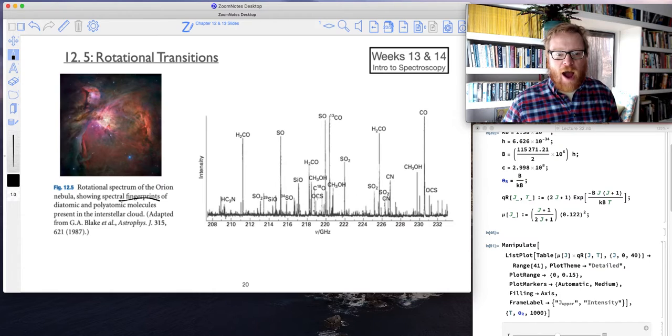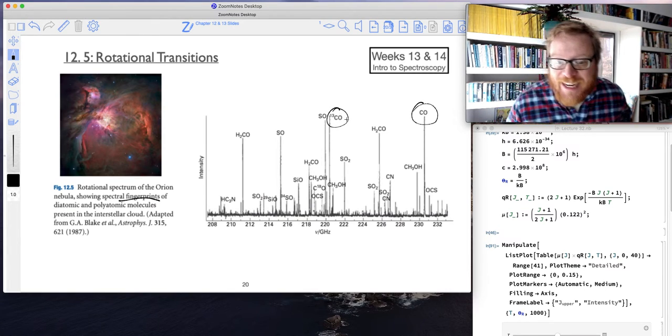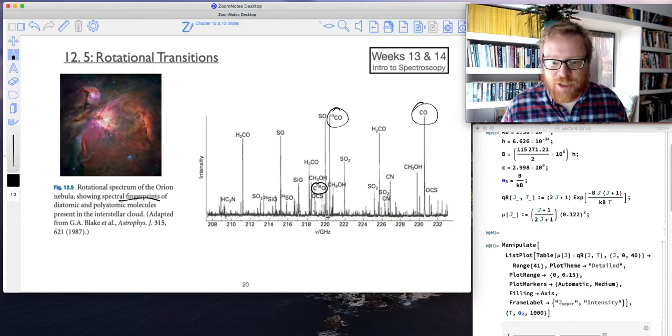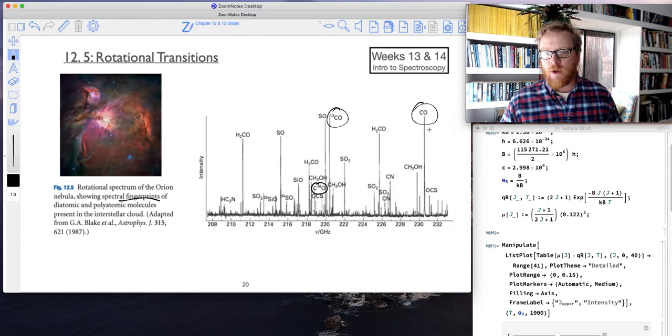Okay, and so you can see there's loads and loads of simple molecules in that Orion Nebula. And specifically, we've been using carbon monoxide as our example. Well, check it out. Here's some carbon monoxide, and then here's some more carbon monoxide. That's carbon-13 oxygen. Here's a carbon-18 oxygen. And if we look at what peak we're looking at here, this is around 230 gigahertz.